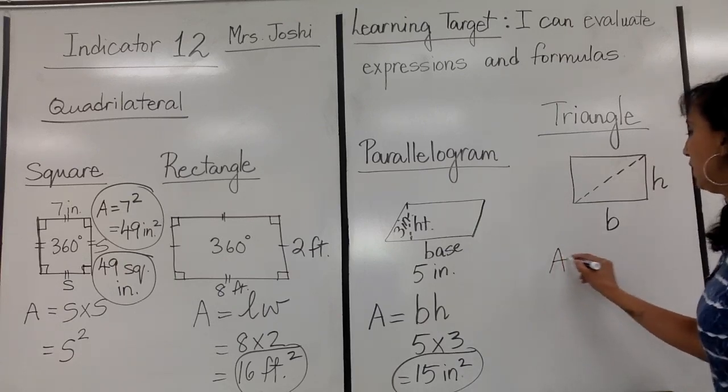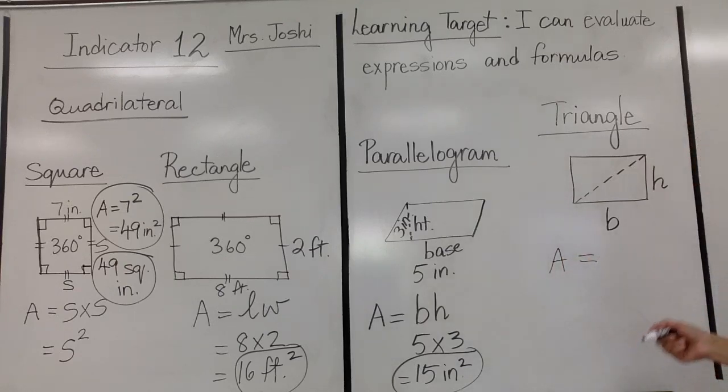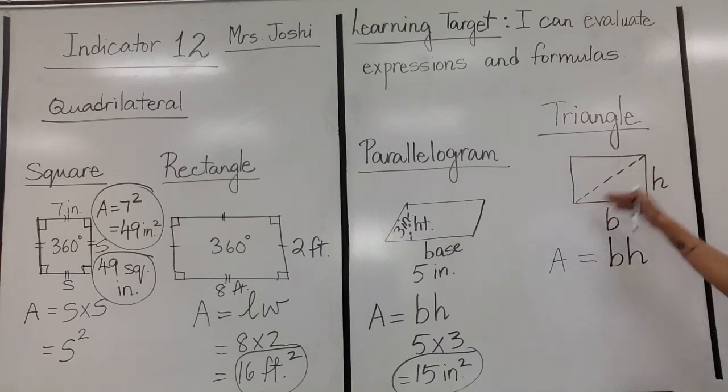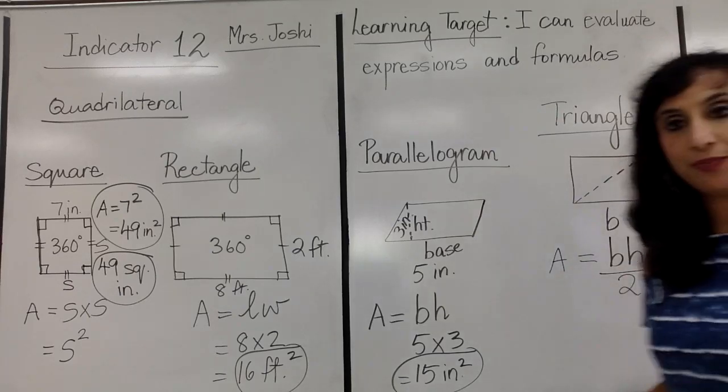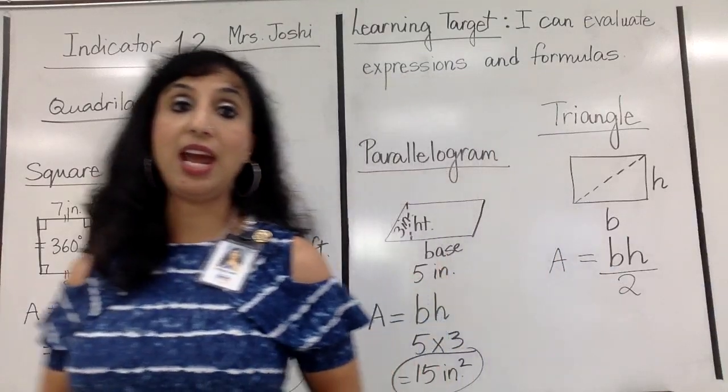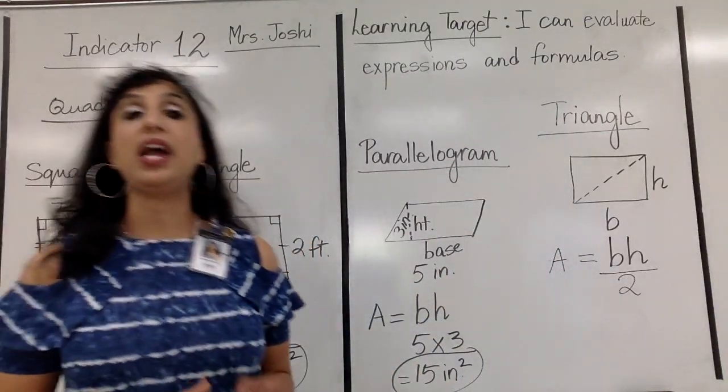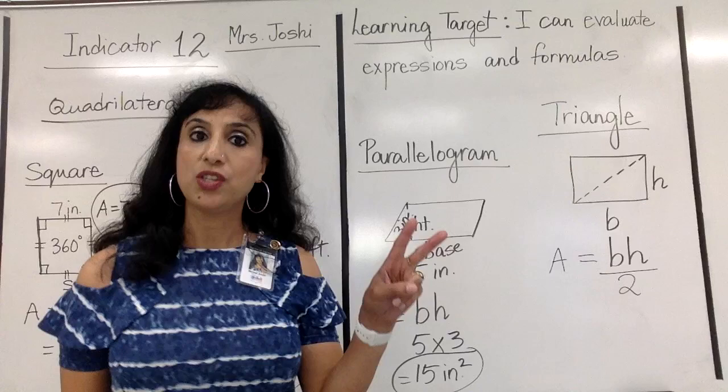So what am I doing? The area of a rectangle or a quadrilateral, like let's say a parallelogram, is actually base times height, right? But now look, when I break it apart, I get two triangles within that quadrilateral. So that is why I divide by 2. Okay, because in every quadrilateral, I have two triangles.